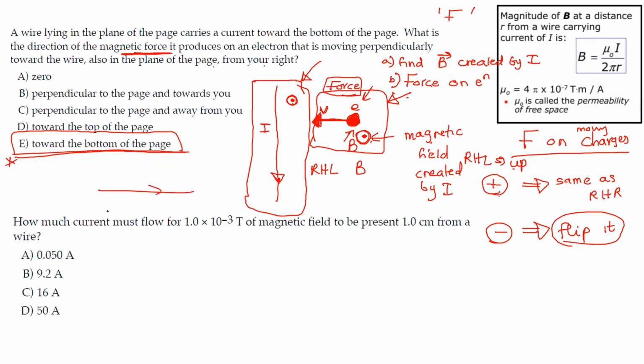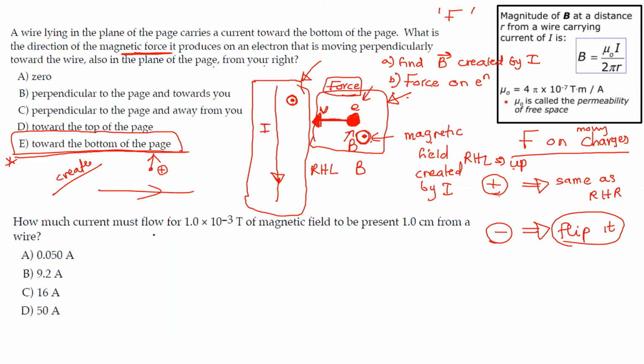Maybe you can draw currents this way and keep a positive charge here, make it move the other way, and try to find the force. You can create your own problems and try it. That is how we make problems for quizzes sometimes. We get a problem, change it a little bit, and give it to you. Okay.